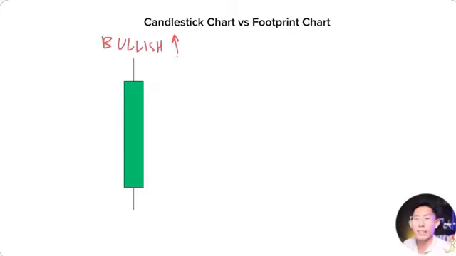That's all a candlestick chart tells us. And then if you see a red candlestick, it just means that price is bearish and price is going down. Now, you're essentially looking at the outcome of buyers and sellers, right? You are not looking at how it was being formed. And looking at just what price is doing, like what's the outcome, right? It doesn't really tell you what is going on at a deeper level beneath the candlestick.